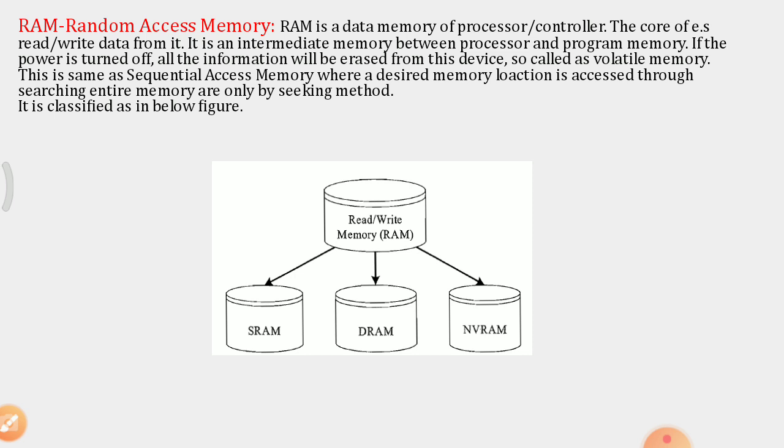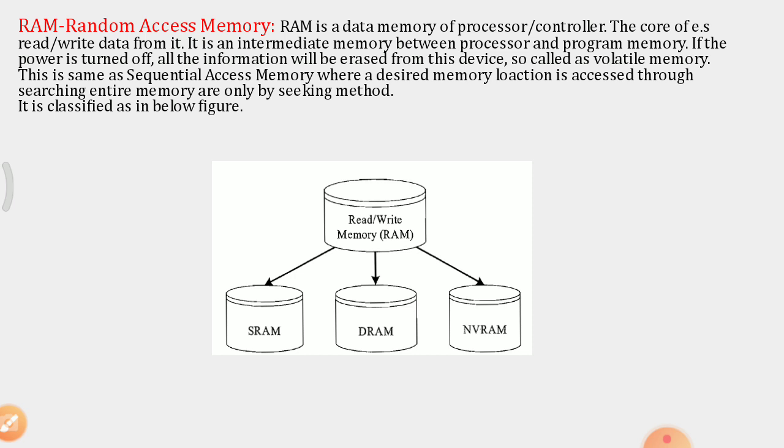So it is an intermediate memory between the processor and the program memory or main memory. If the power is turned off, all the information will be erased from this device, so it is called volatile memory. Even if we remove the power supply to this chip, the information will be erased by itself.